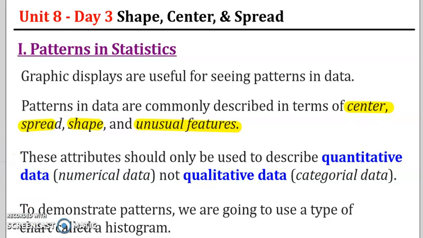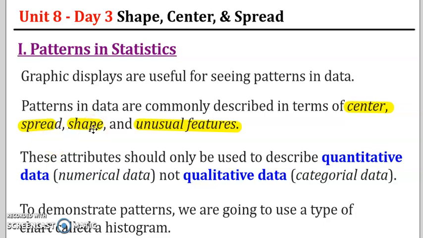So when we're talking about patterns in stats, what we're typically trying to figure out is how was our data centered, meaning what was the mean or the median? How was the spread, meaning was the data fairly centralized or was it all over the place? Think of this like the range from a previous lesson. And what was the shape?